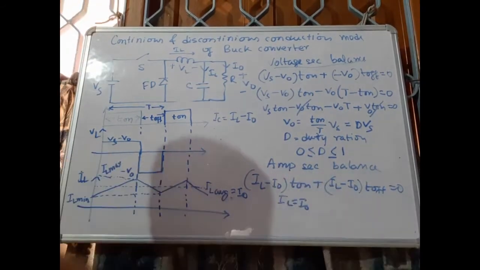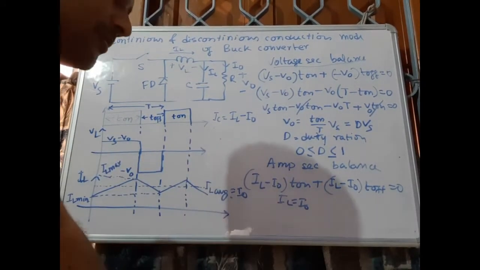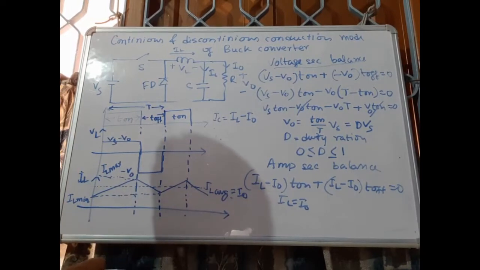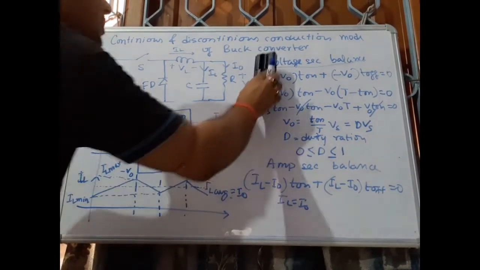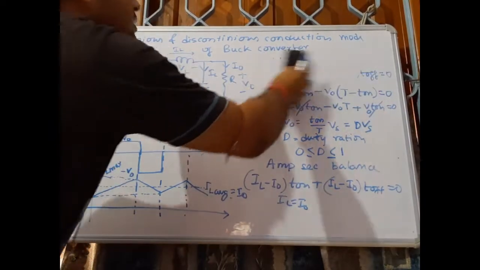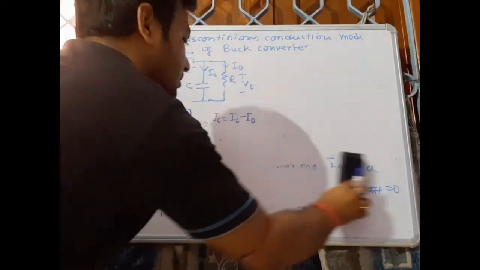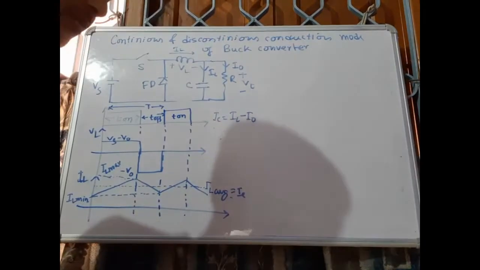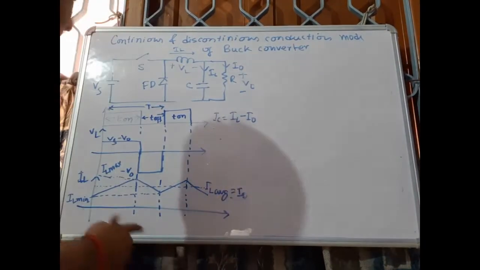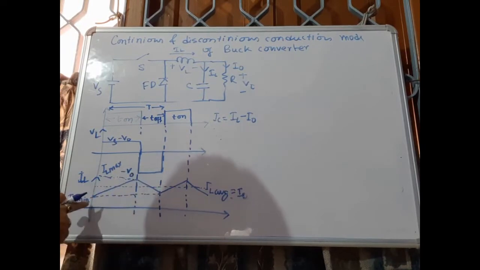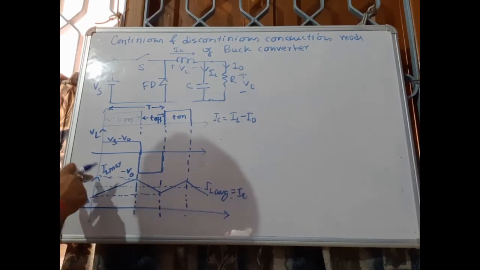Now I want to calculate the ripple for the inductor current IL. We can see that the current through the inductor will vary from IL min to IL max.